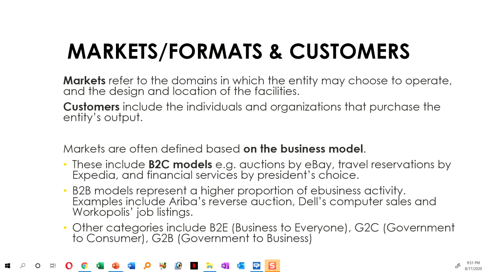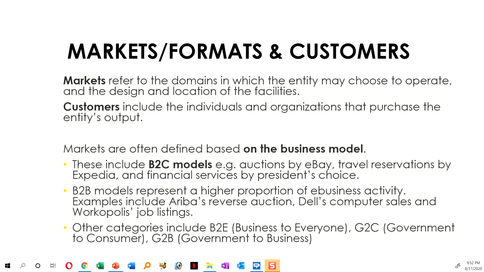Markets, formats, and customers. Markets refer to the domains in which the entity may choose to operate and the design and location of facilities. Customers include the individuals and organizations that purchase the entity's outputs. Customers also include the workforce of the company.